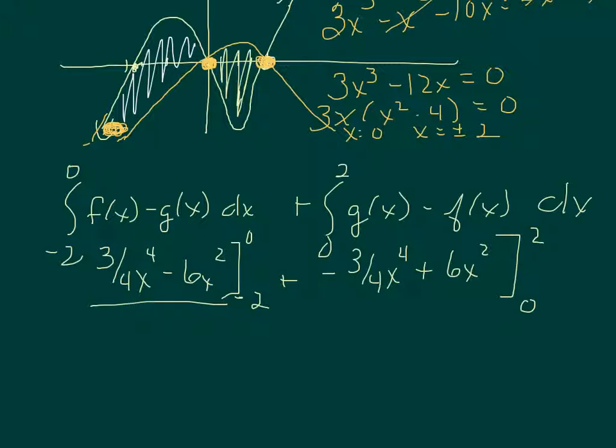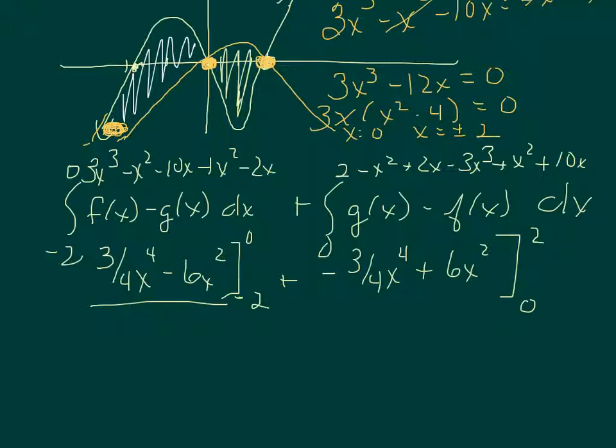When you integrated the 12x, you kept the 12, and then it's x squared over 2. And over here you have negative x squared plus 2x minus 3x cubed plus x squared plus 10x. So you have to combine and then integrate.